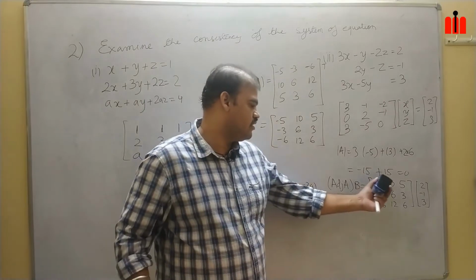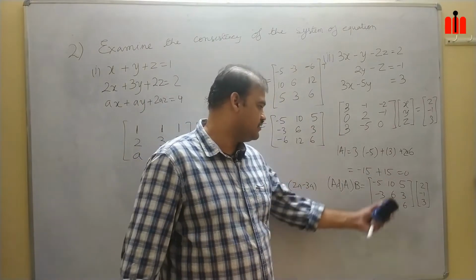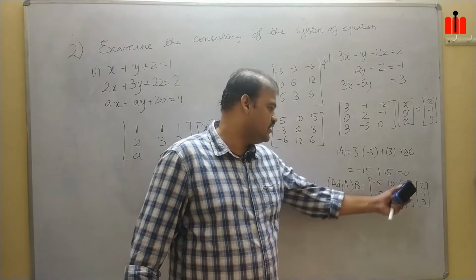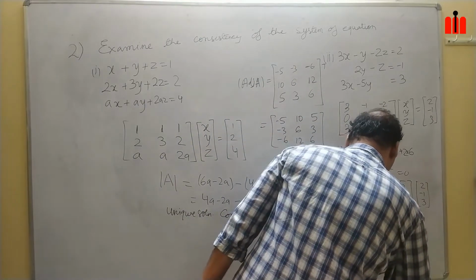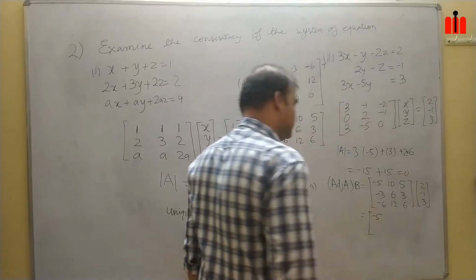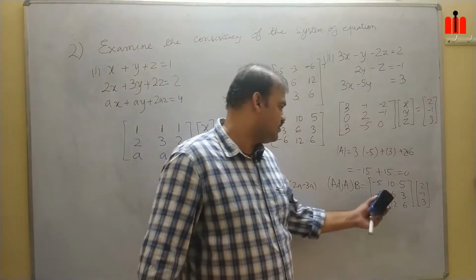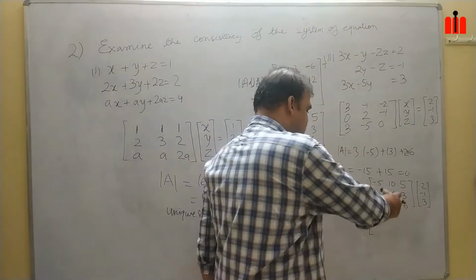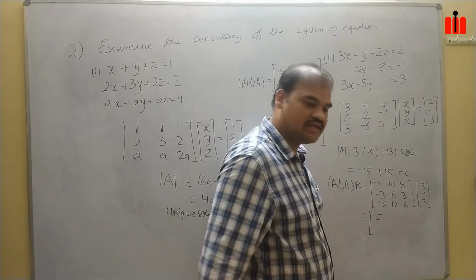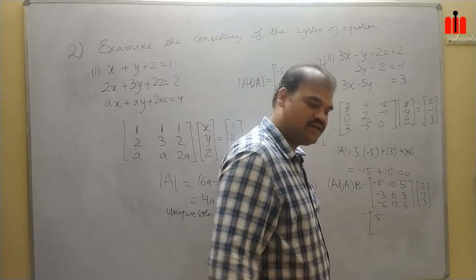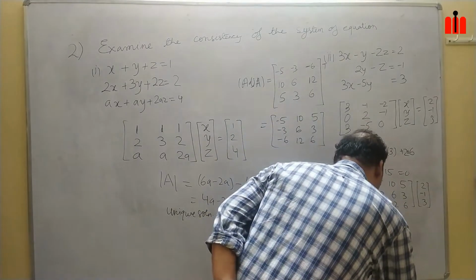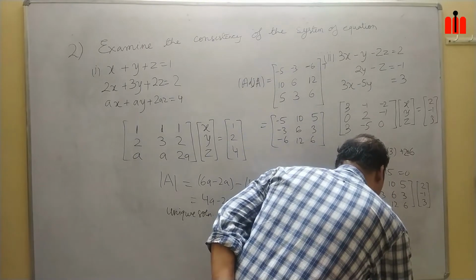Minus 5 into 2 is minus 10, minus 10, minus 10 is minus 20, minus 20 plus 5 plus 15 is minus 5. So the first element is minus 5. Minus 3 into 2 is minus 6, minus 6, minus 6 is minus 12, plus 9 is minus 3.